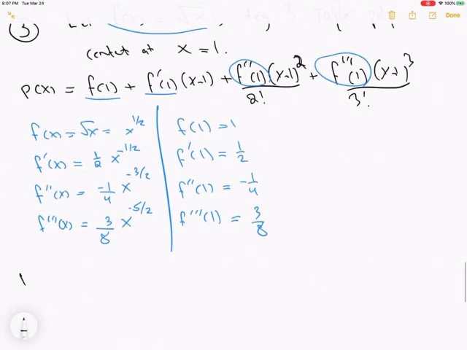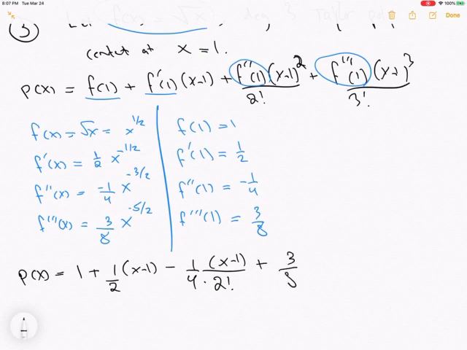p of x, so this is going to be a degree 3 polynomial, and it looks like 1 plus 1/2 times x minus 1, minus 1/4 times x minus 1 squared over 2 factorial, plus 3/8 times x minus 1 to the third power over 3 factorial.